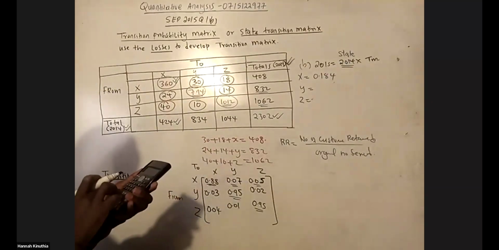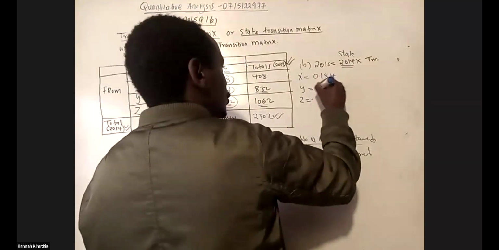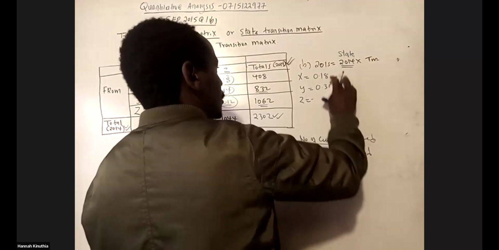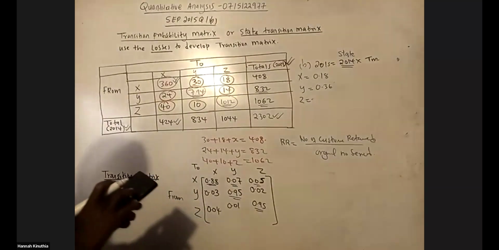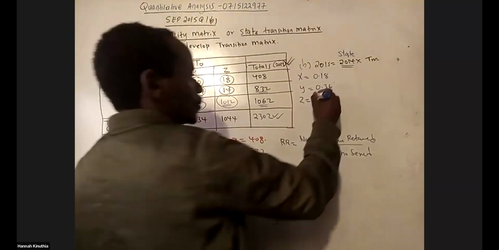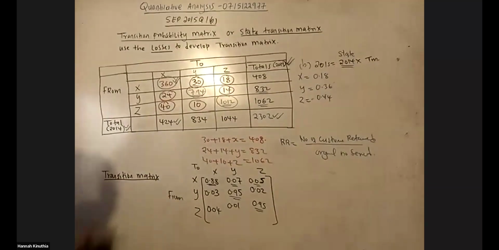And then 834 divided by 2302, answer itakuwa 0.362. Let's round off to 2 decimal places. 1044 divided by 2302, 0.44. So itakuwa sawa.